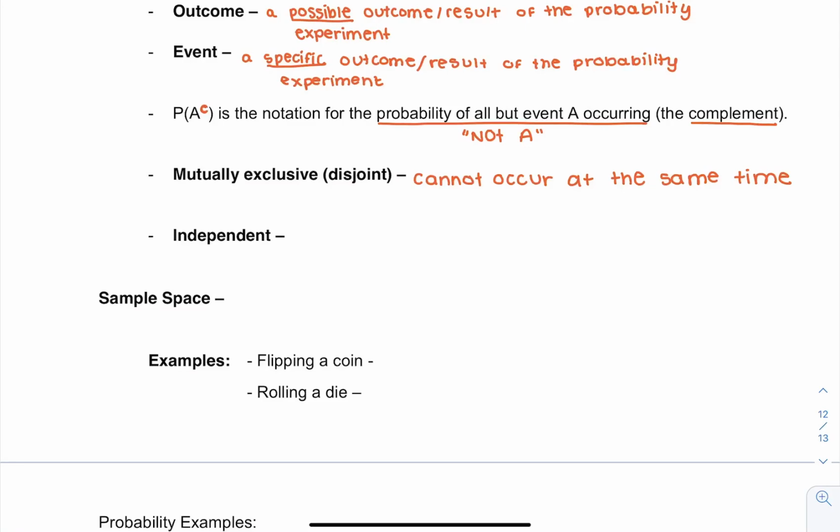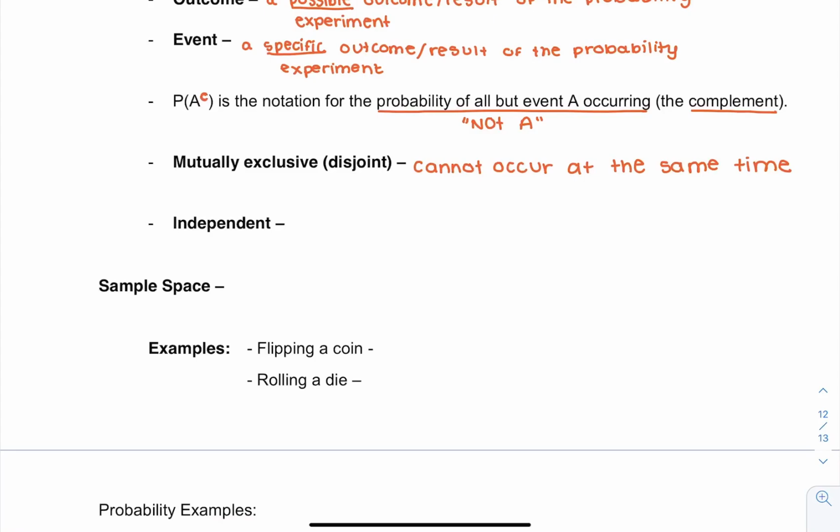Or if I'm pulling out one sock, I can't pull out a sock that's red and a sock that's white. Say they're all just one color. Another example would be that on a certain day, it can't be both Tuesday and Friday. It's just one day. So those would be disjoint events.